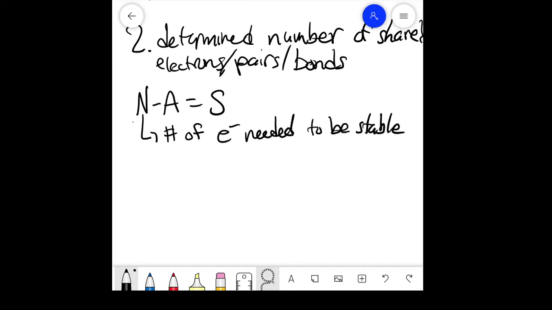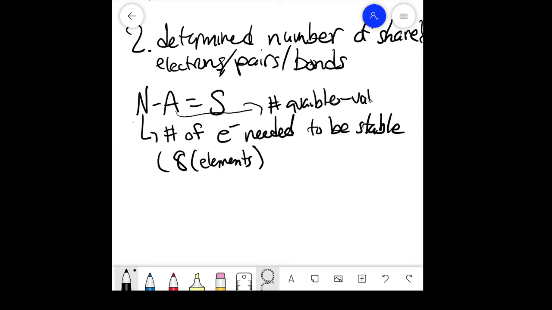So that's just going to be 8 times how many elements are present, unless you have hydrogen or helium, that's 2. A is the number available. So that's going to be your valence electrons.